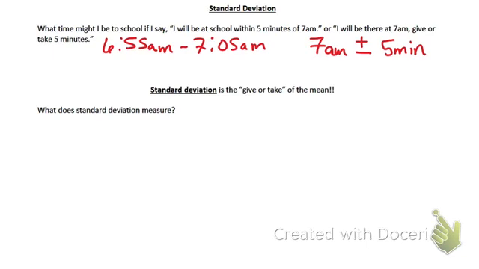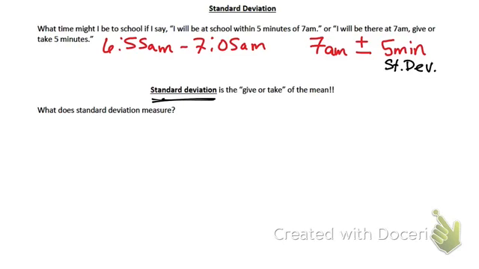There are times that I get here earlier than that or later than that. But this is an average, okay? That give or take, that 5 minutes, that is standard deviation. Standard deviation is the give or take from the mean. It's how much the data deviates on average from the mean, okay?